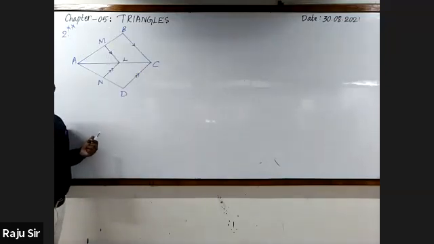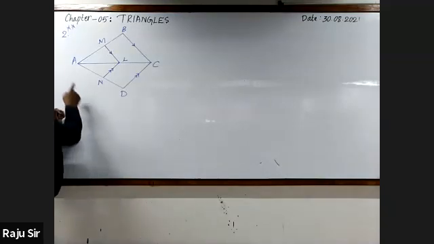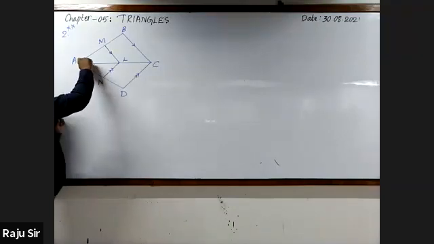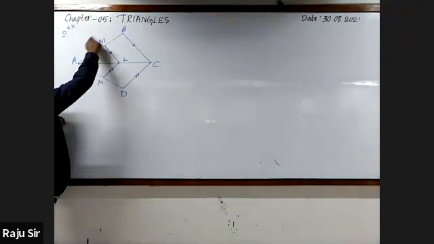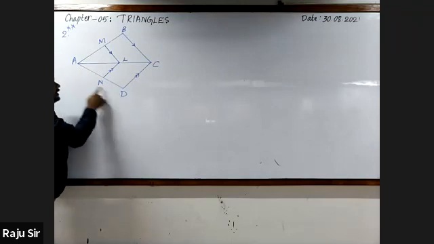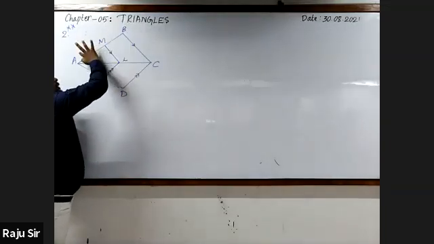Other than that, you can think of results of BPT also. They may ask you to prove that AN by AD equal to AM by AB. Other than that, ND by AD is equal to MB by AB.